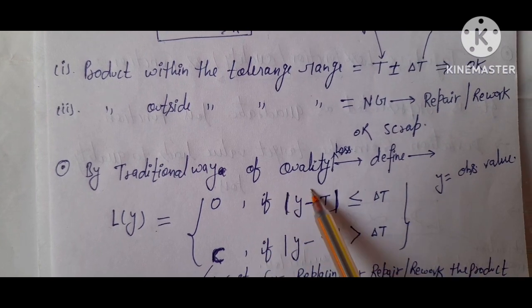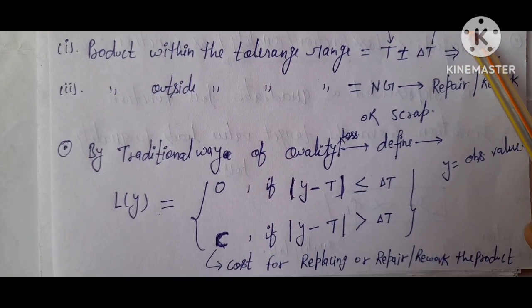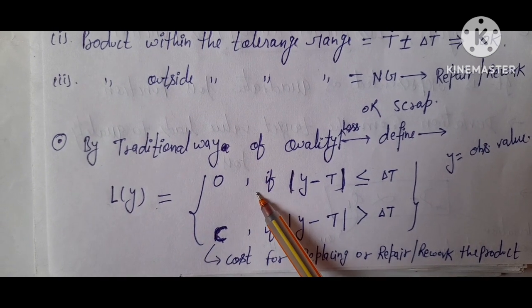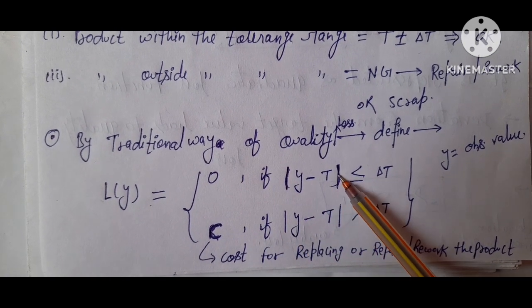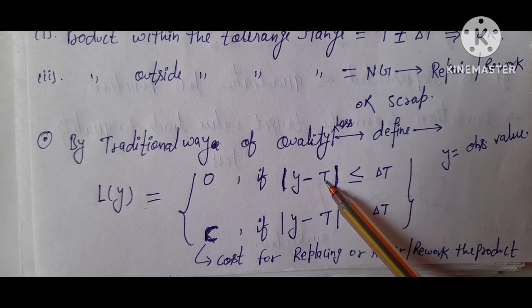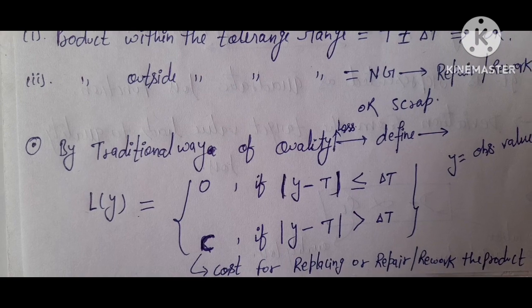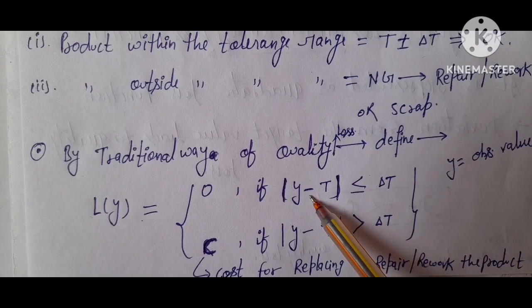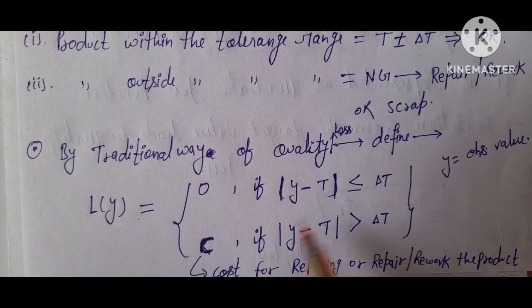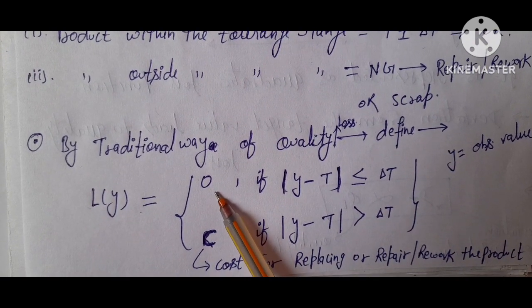So by the traditional method, the quality loss value is 0 if |y minus t| is less than or equal to the tolerance value, where y is the observed value and t is the target value. Then no cost is paid by the customer.